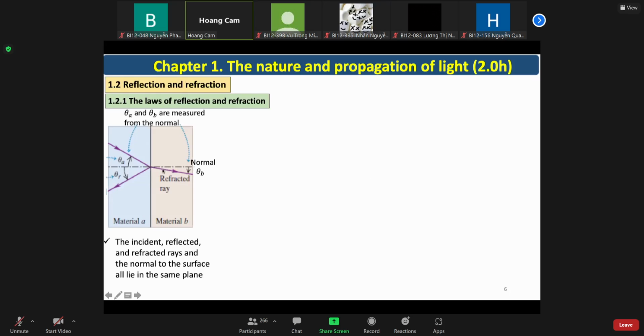So pay attention. They're not on the same side. When you draw, don't make the mistake. A lot of students make the mistake like here, where we have the incident and then the refracted in this direction. So pay attention, refract here. Okay. The normal will separate the incident ray and the refracted ray.